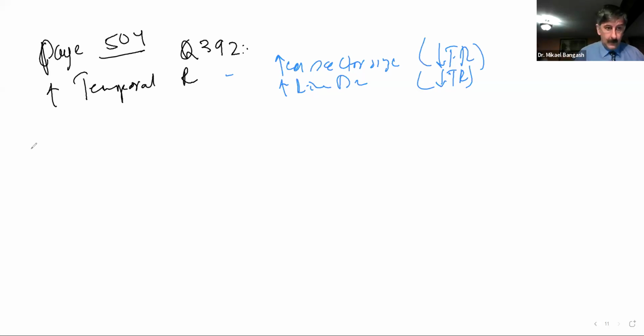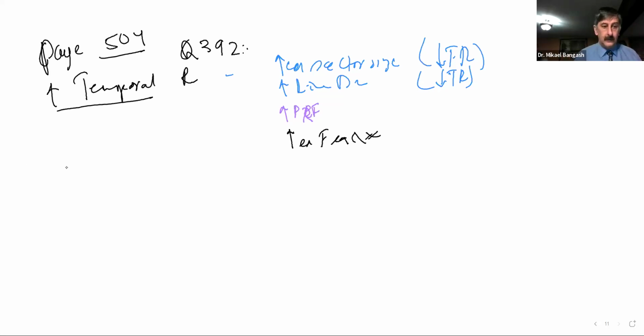Now, what they say here is increase the PRF. That is going to improve your temporal resolution. The last one here is increased frequency. That's going to have no effect upon your temporal resolution.